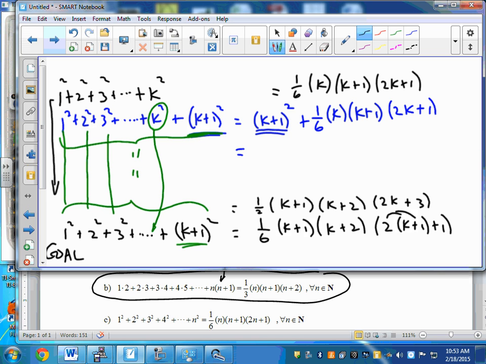That's the right side, and somehow the above up here has to be exactly the same thing. I suppose what we can see is we have this factor of 1/6. We might want to write this one as 6/6 times k plus 1 squared. That way we have that 1/6 sitting there.